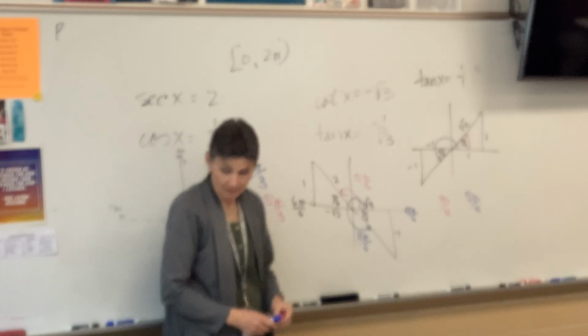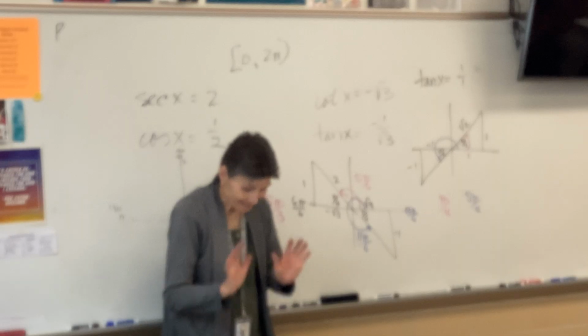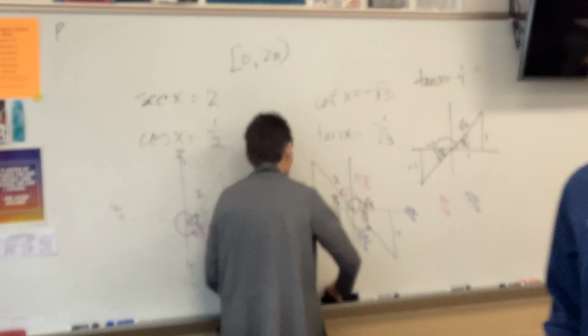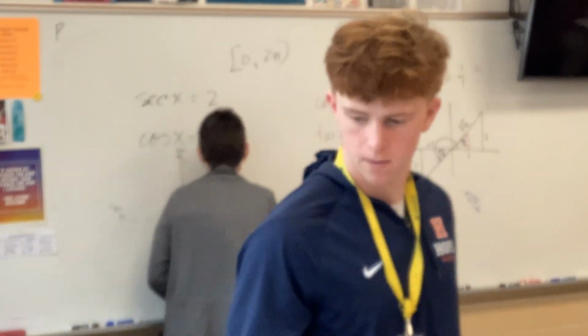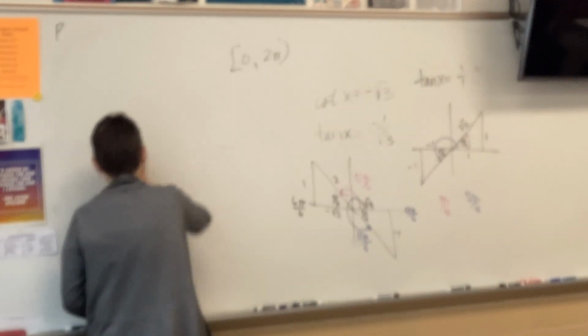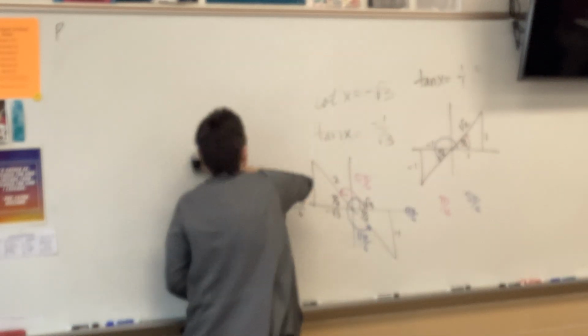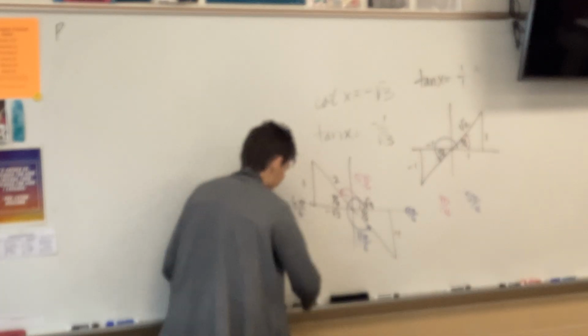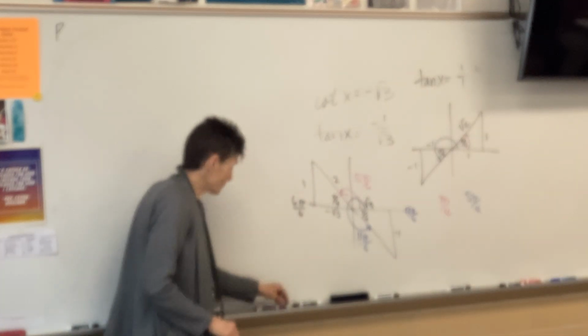All right, get your calculators out. Now we're going to do exactly the same thing, but the angles will not be special in any way, so we will have to use our calculator. How do you know what angles? One more time.